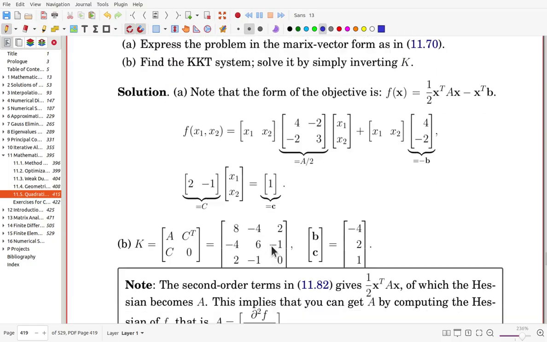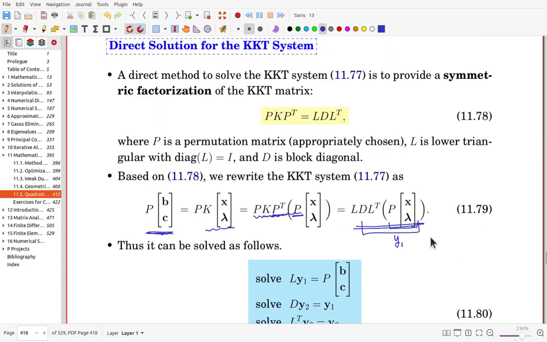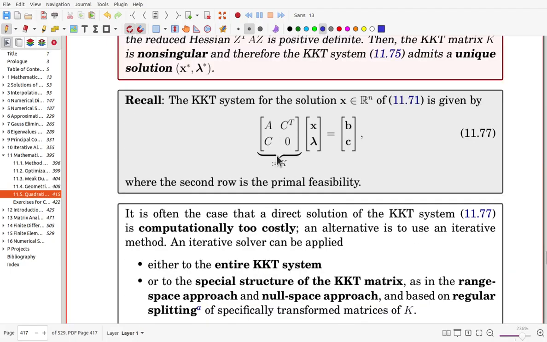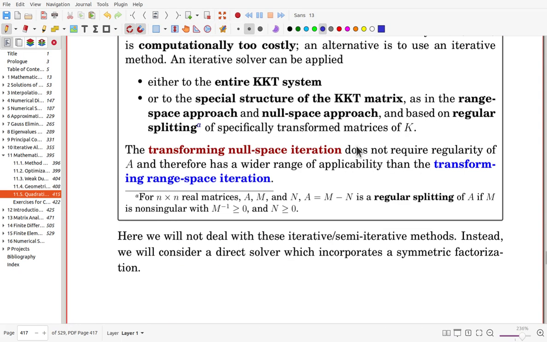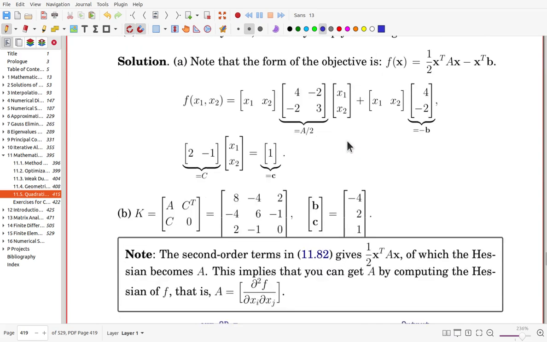Okay. And now, let's see this formula. This is the KKT system. So we have to put over there A, C transpose, C and 0. Then that is K. And the right side is B and c. So we do exactly that way.